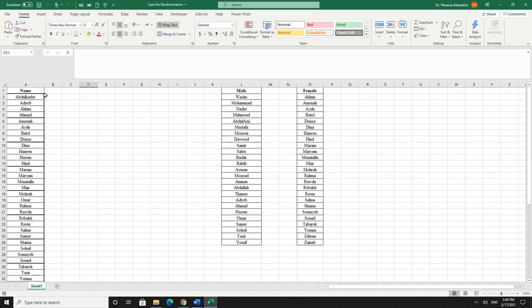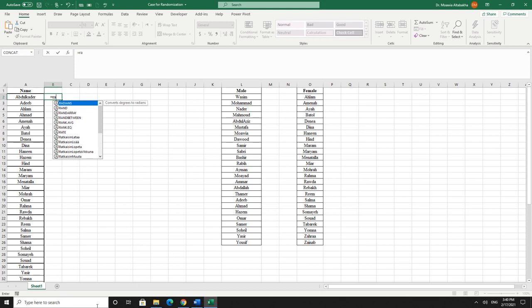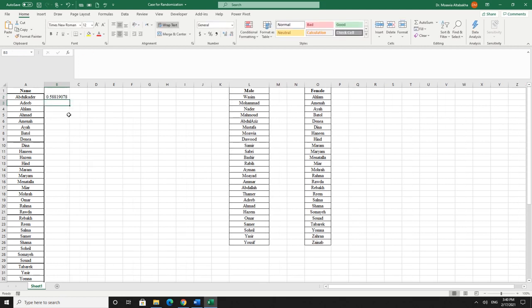See what I'm going to do. First, I will go here and type equal to and then rand. See, it's here, rand, and just close the bracket. See, it's generating a number, and this number is from 0 to less than 1.